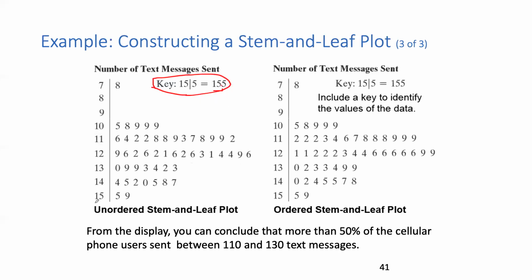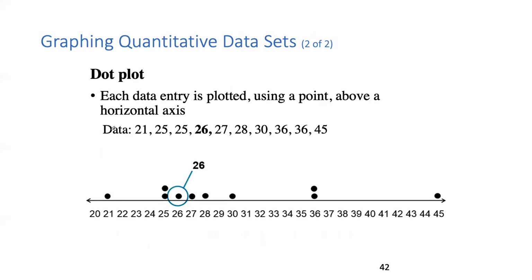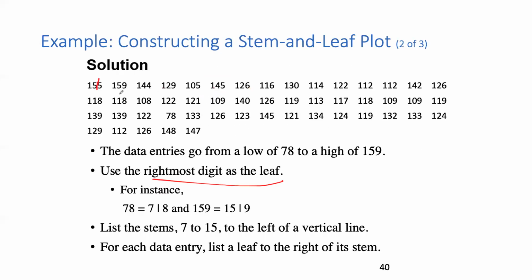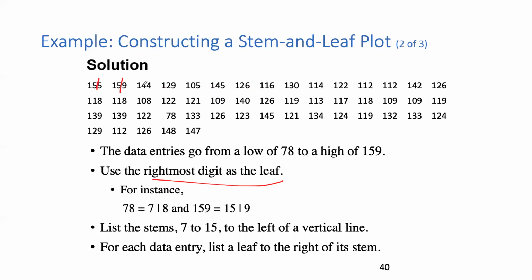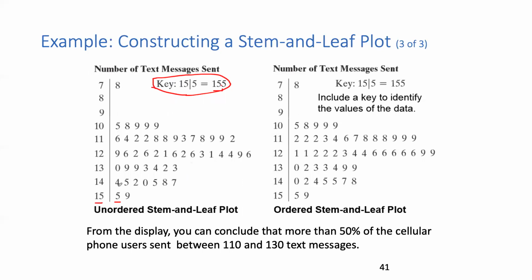So now I put the stem number here, 15, and the leaf number, and that is 155, right? And I go through to 159, I will do 15|9. So it will be on stem 15 and the leaf is 9. Then 144 will be on stem 14 and the leaf is 4. So this is 144 and this is how I represent it. And now I have an entire stem and leaf plot.